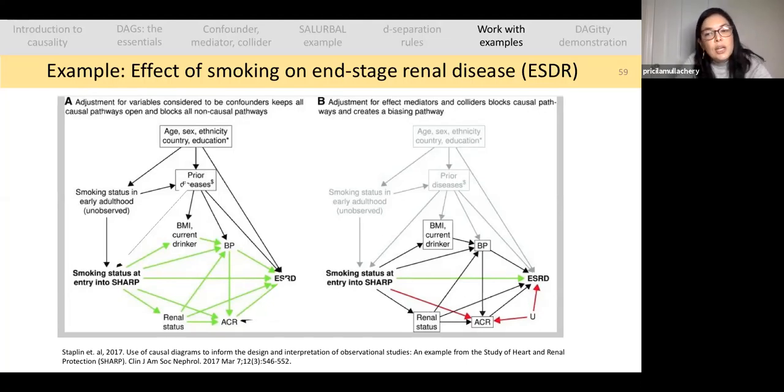And then in the other case, they were saying, oh, what if it's not a mediator? What if this is actually a common cause of this other thing, right? So you really had to know about the topic to come up with these alternative pathways and to test them.